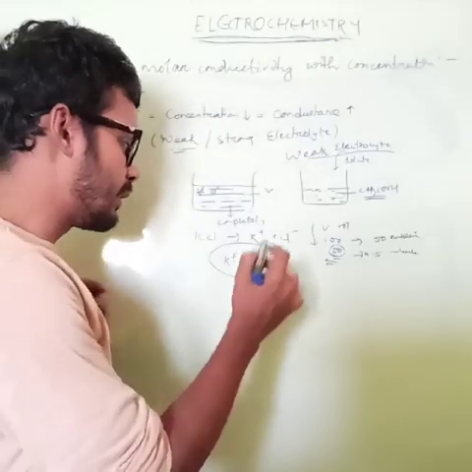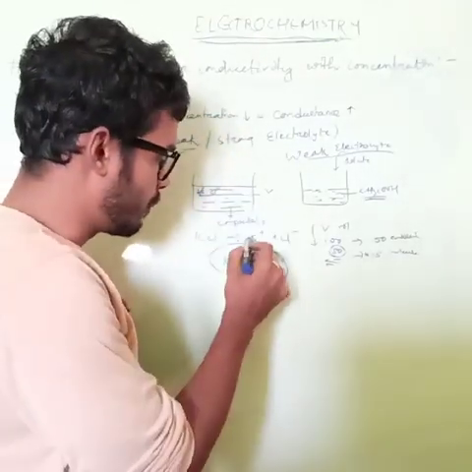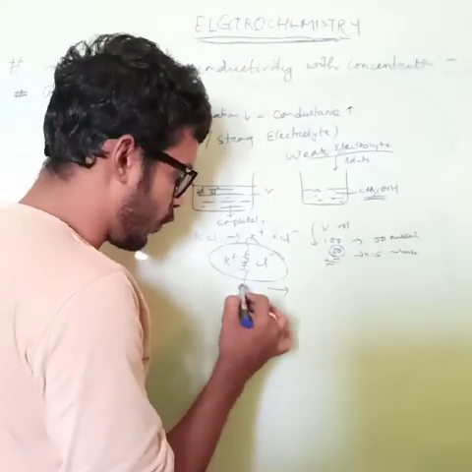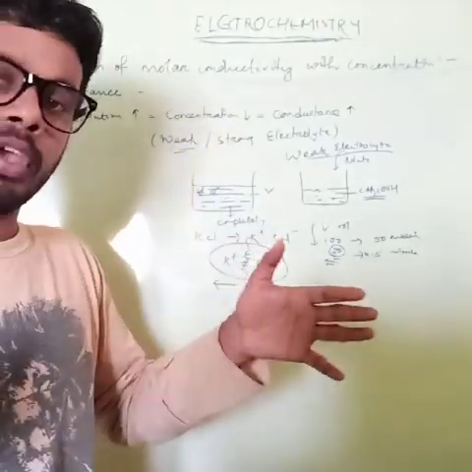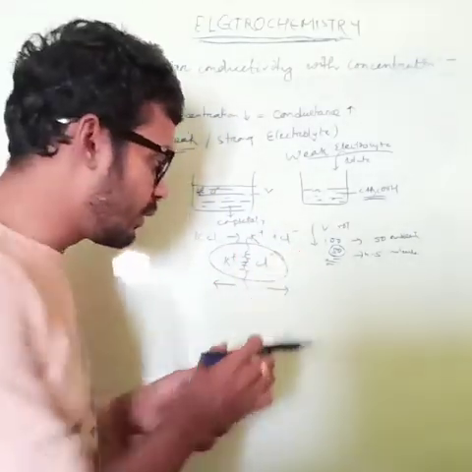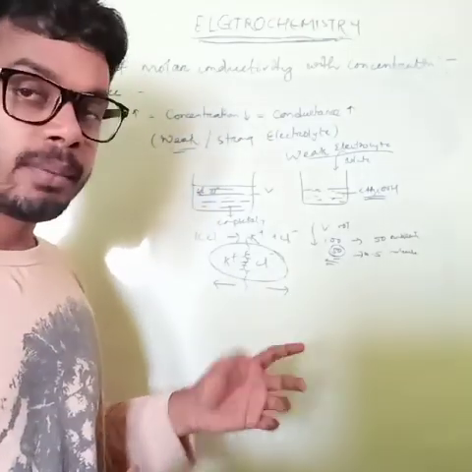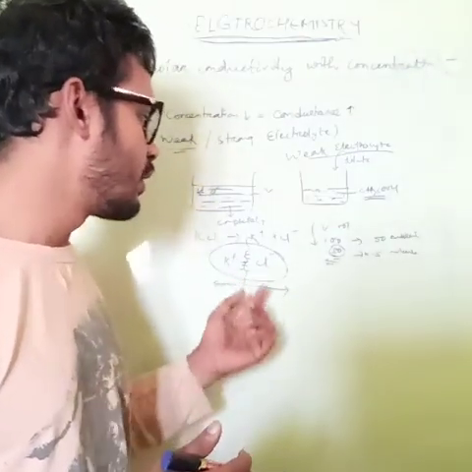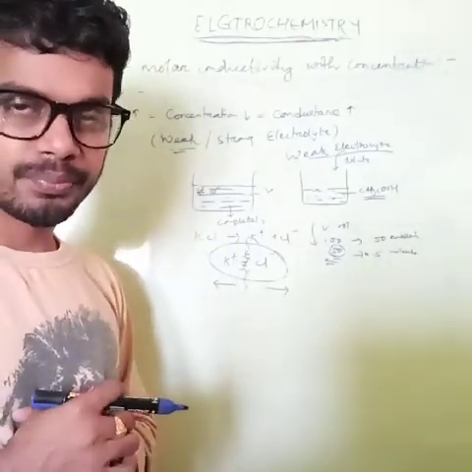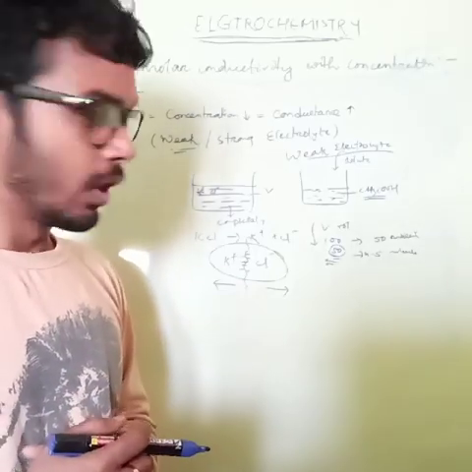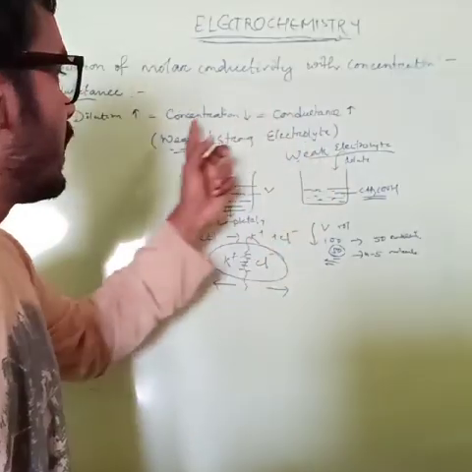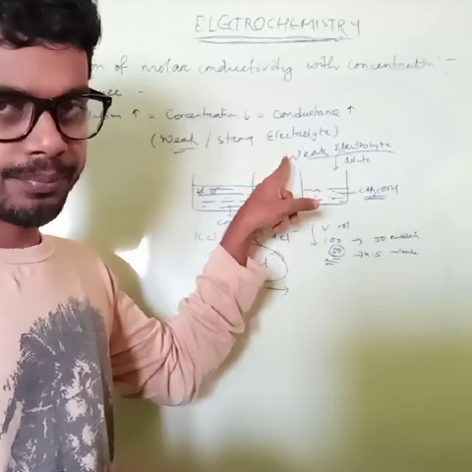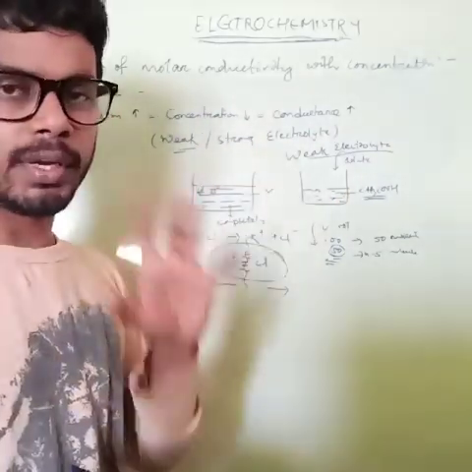On dilution, the water molecules tend to break this force and the ions move away from each other. As they move apart there is no force of attraction, their ionic mobility increases, and hence they conduct the electricity. This is how the conductance increases on increasing dilution or decreasing concentration, for both strong and weak electrolyte.